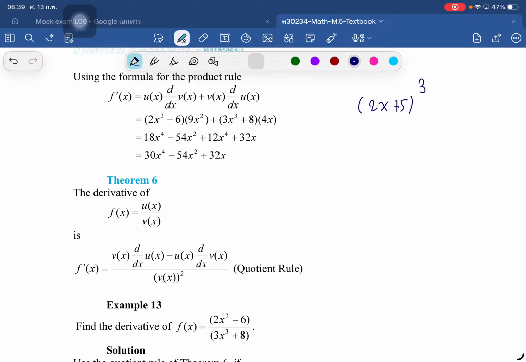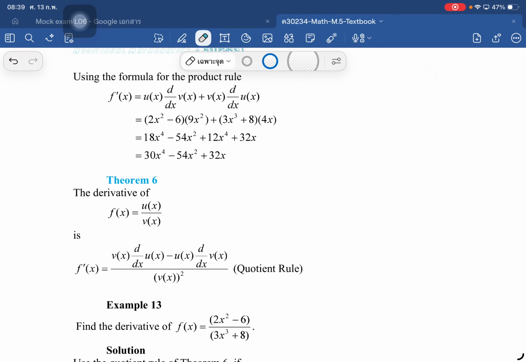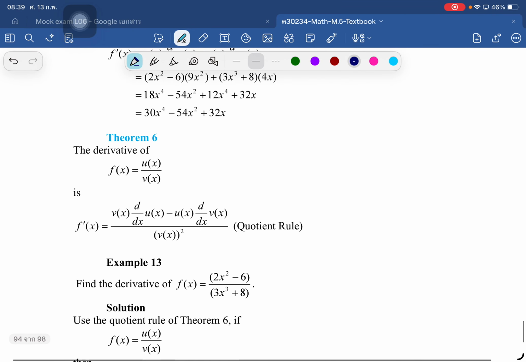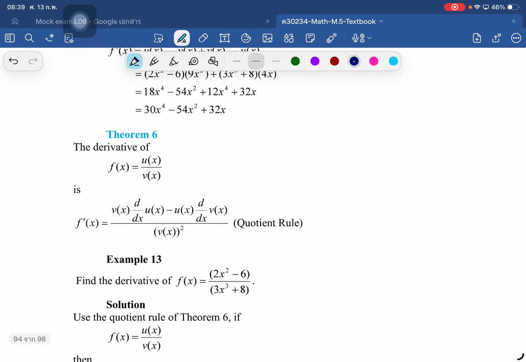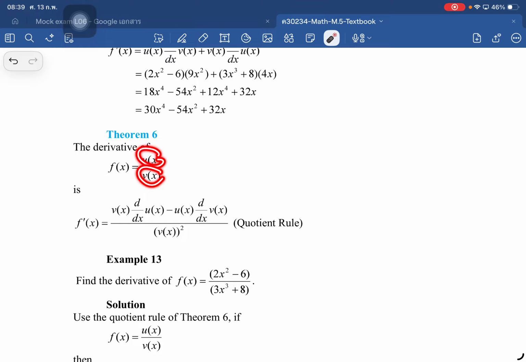That will be our answer for this question. You will see that if we do it like this, multiplying the two brackets together first, then when we do the first order differentiation, you have the simplest form immediately.